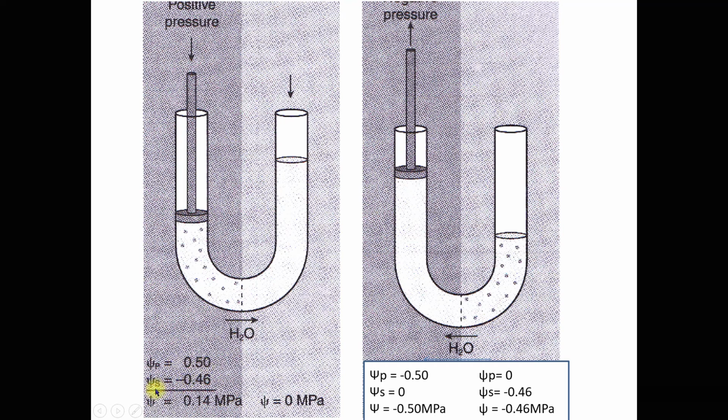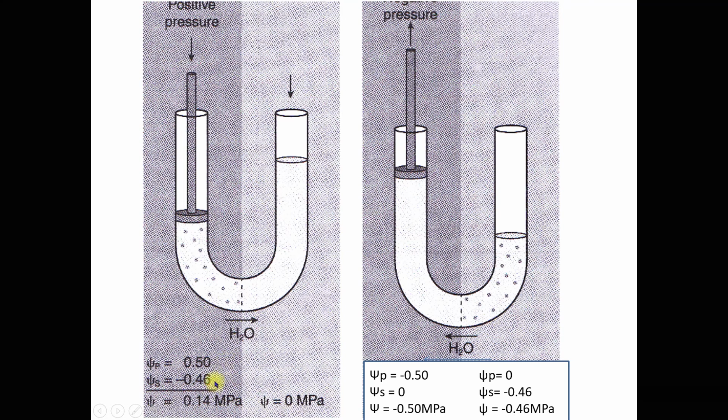The solute potential remains negative 0.46. So if we recalculate the water potential in the left arm of this U-tube, we will get 0.04 megapascal. On the right arm, which still has only pure water, the water potential will still be 0 megapascal.